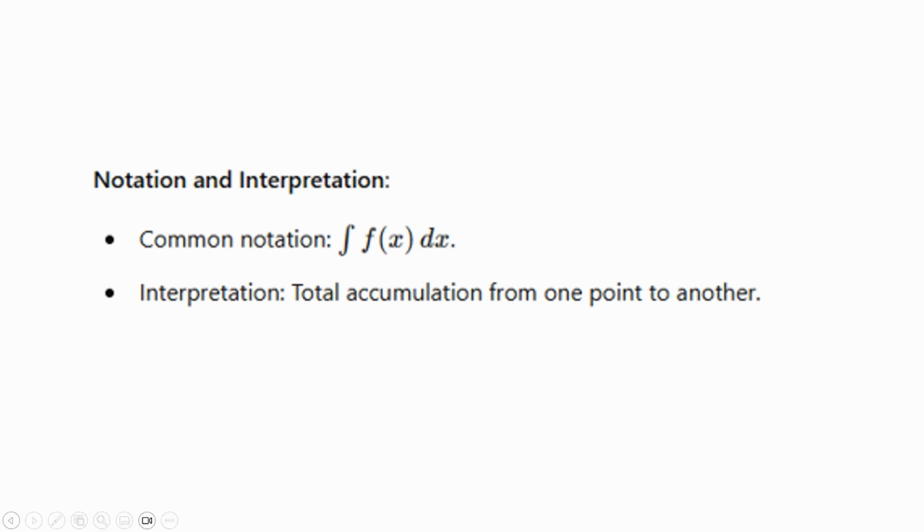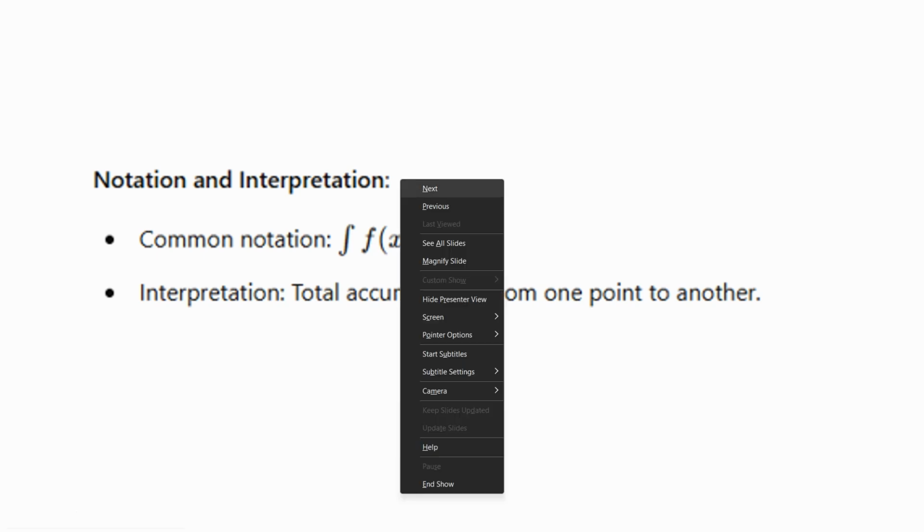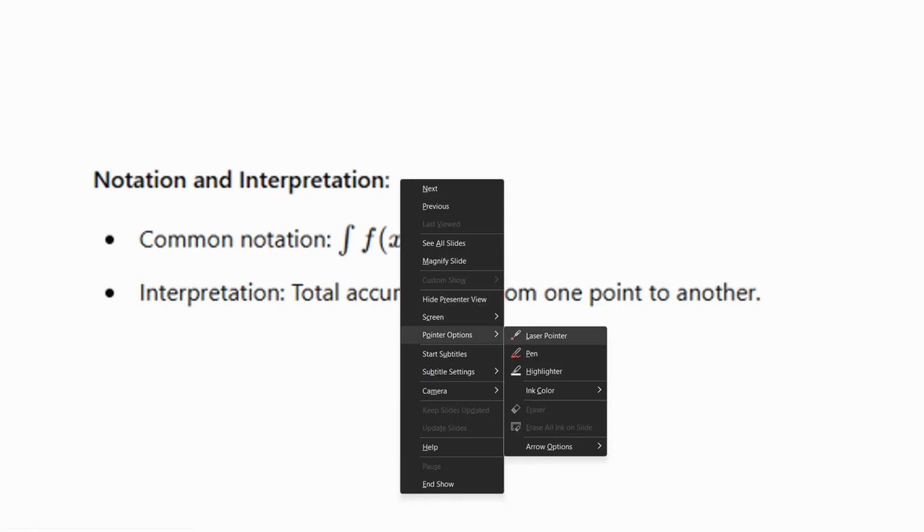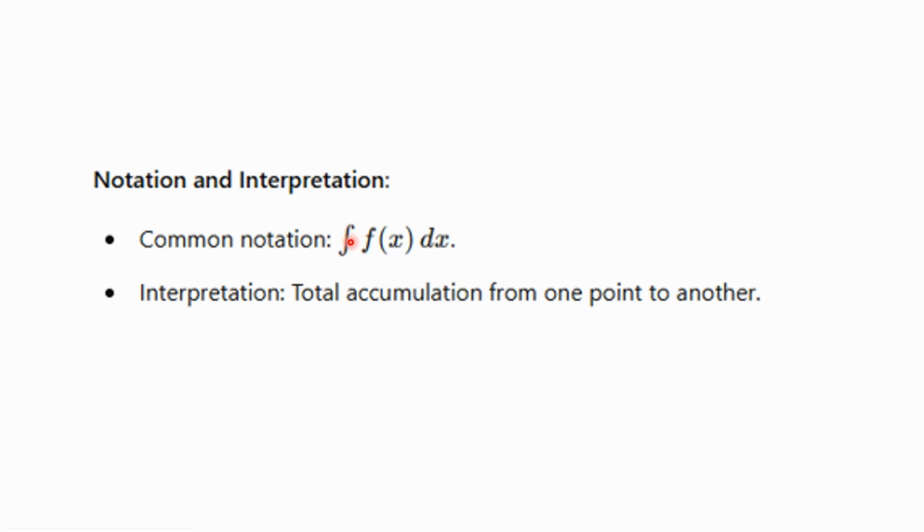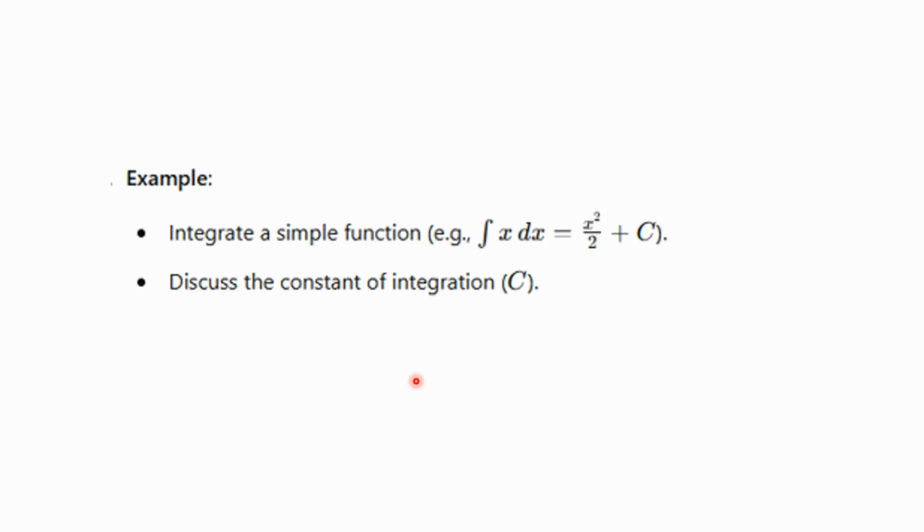All right, so now we're going to look at the notation and the interpretation for integrals. The common notation here would be this symbol. Let me get my laser pointer going again. I've got this symbol, f of x dx. The interpretation of this is the total accumulation from one point to another, and we'll talk a little more about that.